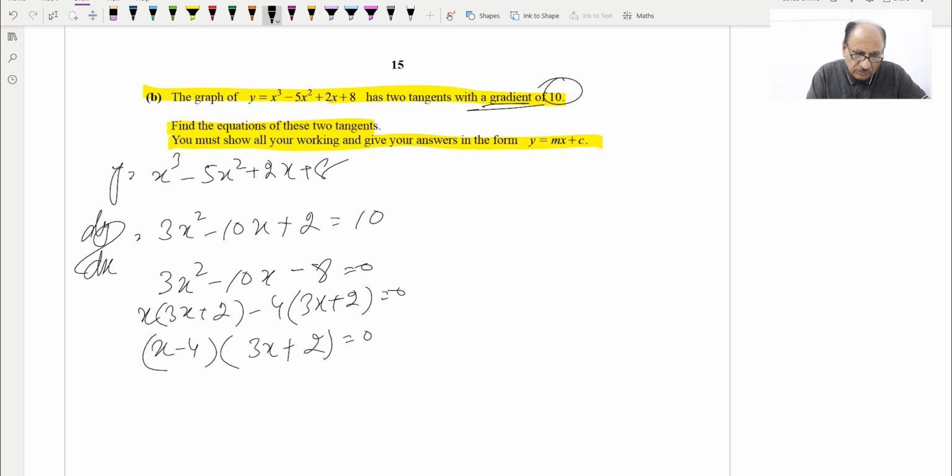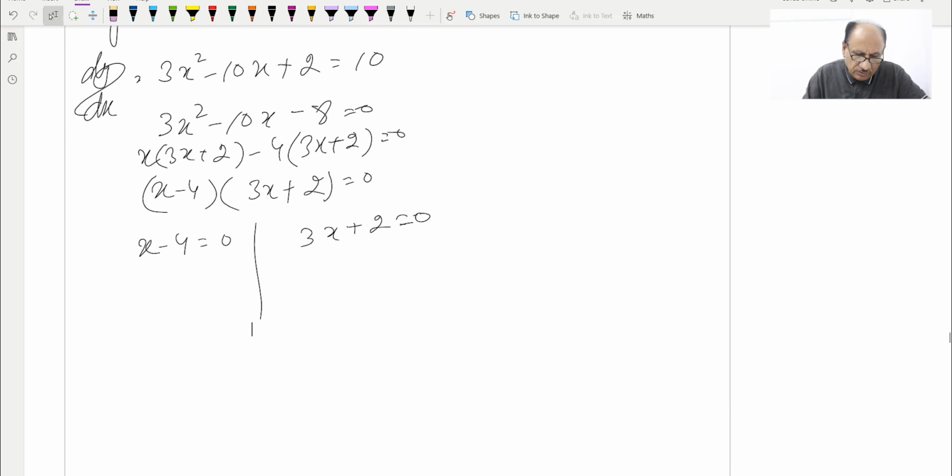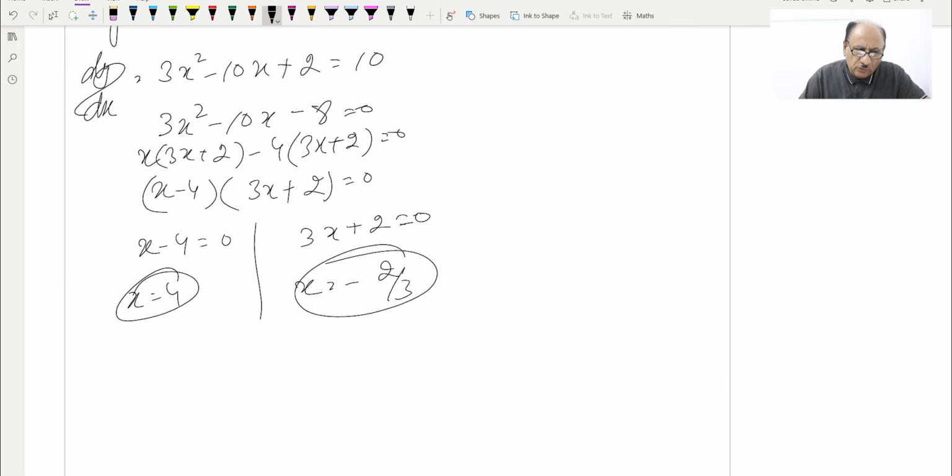You need to show this intermediate step also. So x minus 4 is equal to 0 and 3x plus 2 is equal to 0, and we'll make a line for it, and this will be x is equal to 4 and x is equal to minus 2 over 3. So these will be the 2 values.